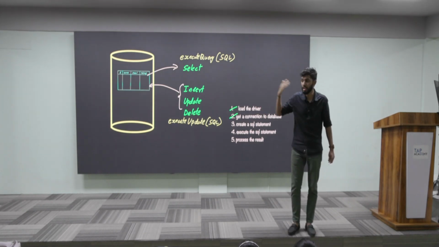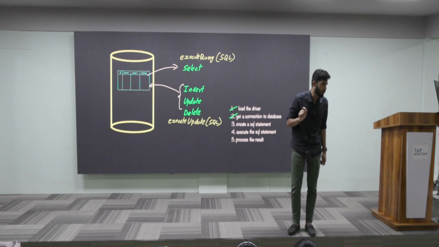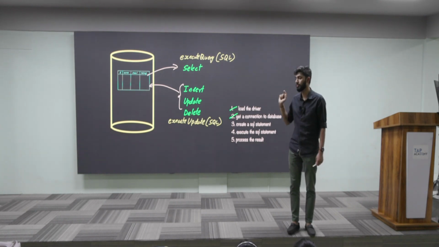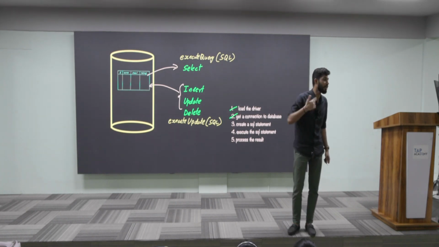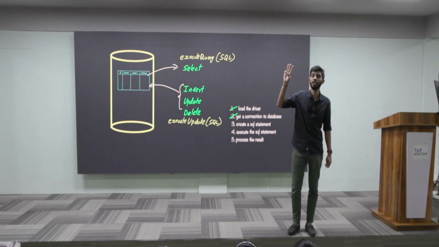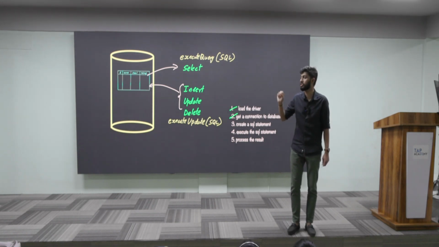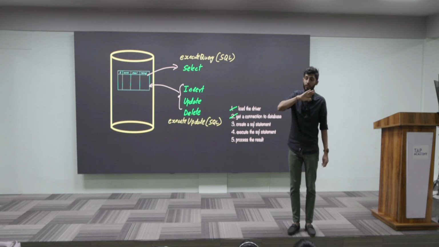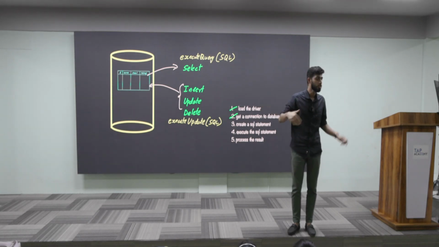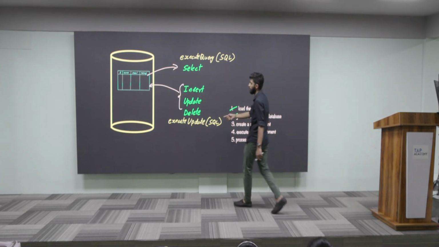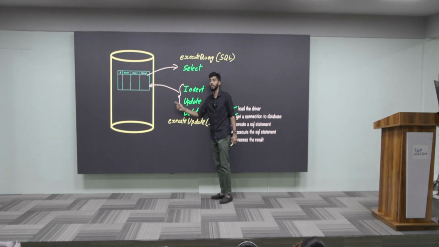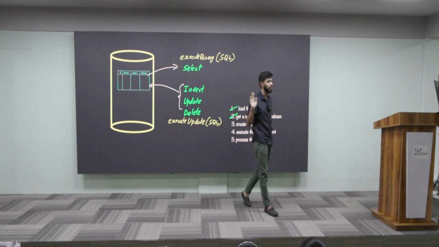One new row is created. So one row is affected over there. So it will return you 1. If you write an update command and there are 3 rows which are getting updated, in that particular case, it will return you 3. If no rows are updated, it will return you 0. Is that clear to you? So this is what the execute update returns. So it will always return you an integer value. Is it clear to everyone?